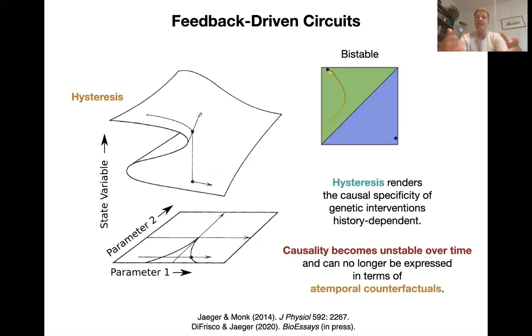And causality here becomes unstable, sensitive towards time. And it can no longer be expressed in terms of atemporal counterfactuals. You cannot simply say, if X were the case, Y would happen. You can only say, if X was the case at time so-and-so, or if X would not have been the case at time so-and-so, then Y would not have happened at that time. But the whole formulation becomes much more involved and complicated.